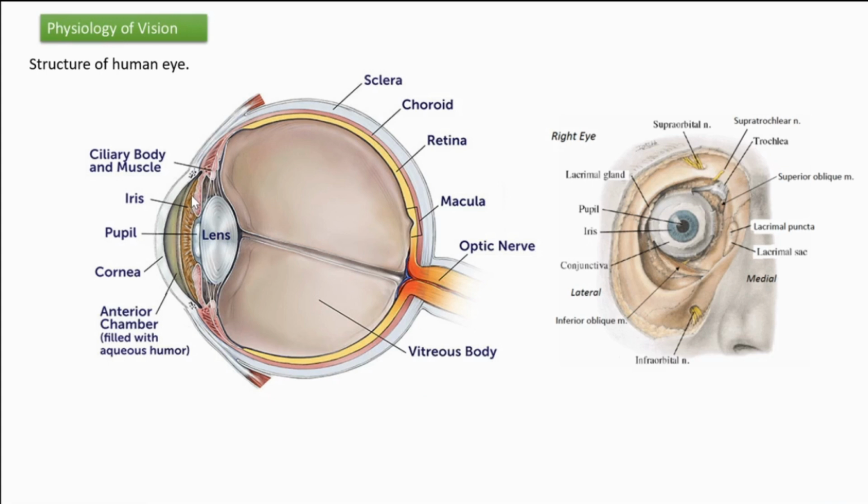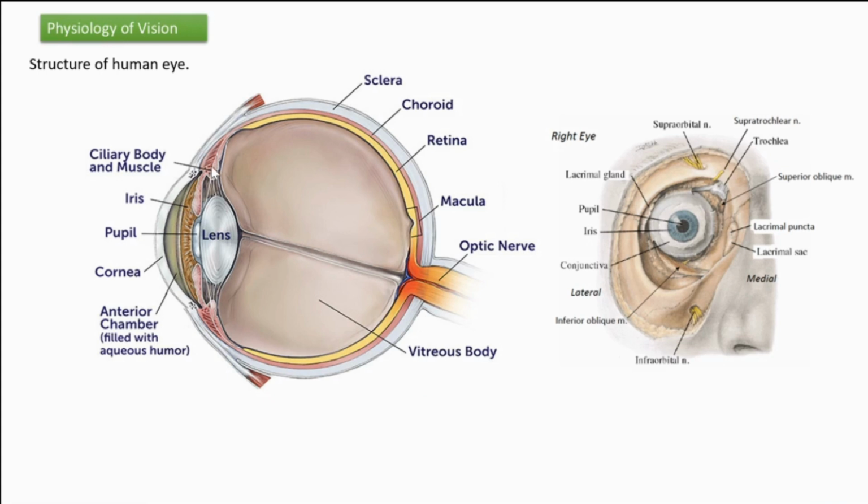Next, at the junction of the iris with the choroid, it becomes somewhat bulged to form another structure, a thickened portion called the ciliary body, and so many muscles are present inside this ciliary body. Because of the contraction of ciliary muscles, we can alter the shape of the lens present inside the eye.